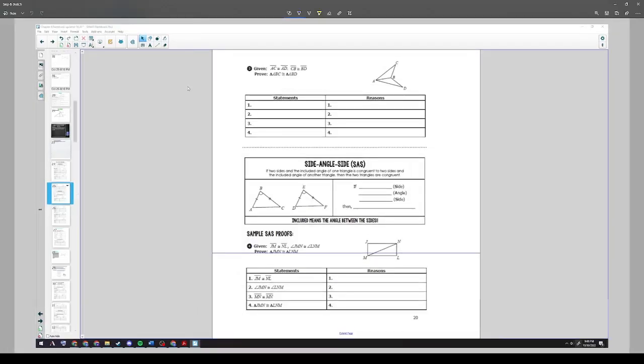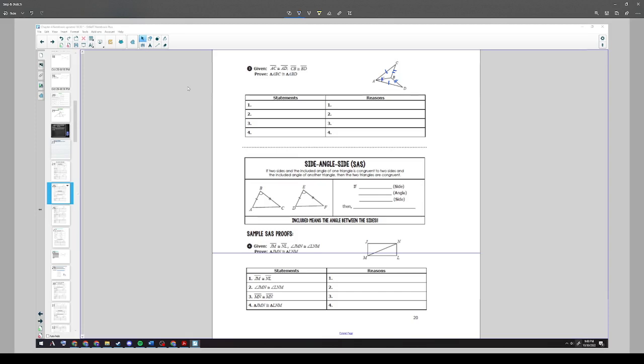It says AC is congruent to AD. One big thing is I would mark that on the picture and put 1 dash there and 1 dash there. CB is congruent to BD. I would put 2 dashes there and 2 dashes there. Then it says to prove that triangle ABC is congruent to triangle ABD. So we look for where is the third side of this triangle?